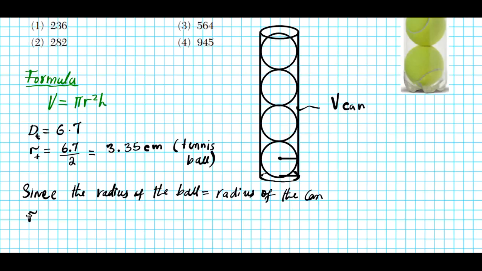The radius of the can, let's call it R sub c, is also going to be 3.35. Okay, great. We have one part down.